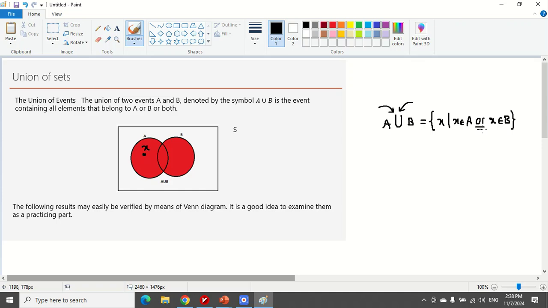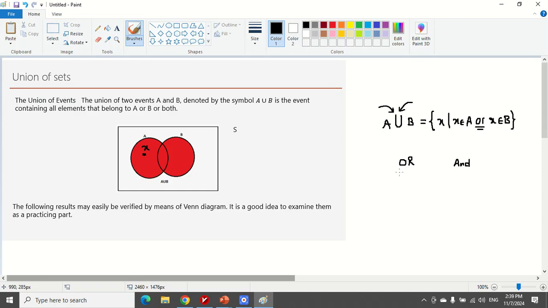But if we say "and", X belongs to A and X belongs to B, then this specific element X that I denoted over here does not belong to their intersection, because it only belongs to A. That means if we have "or", then it's enough that one of them happens. But when we have "and", it should happen in both cases.